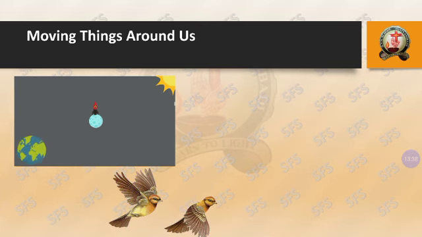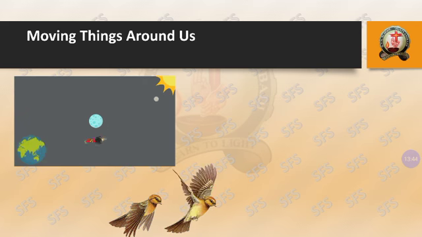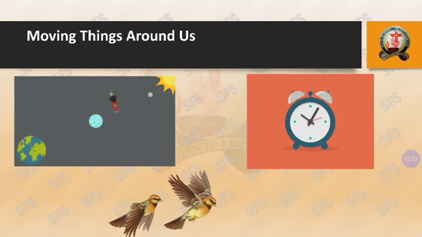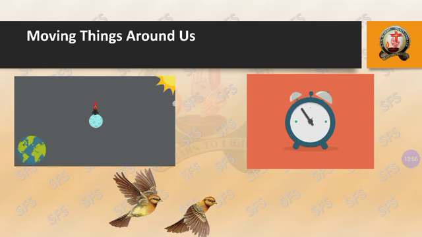What about birds? Birds can fly automatically from one place to another, so we can consider birds also as movable objects. The clock: whenever you see the clock, the seconds or the minute needle will always move.